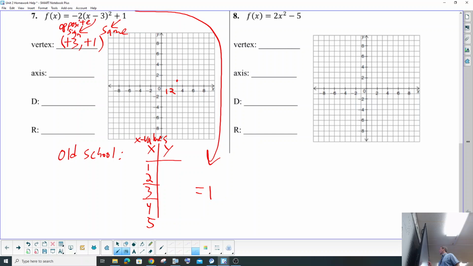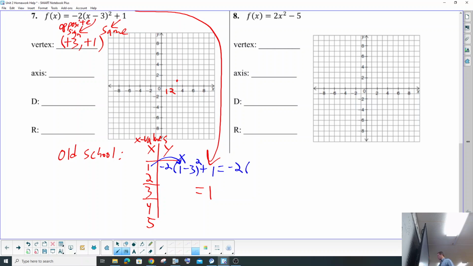So I'm going to take the whole equation: -2 times (blank minus 3) all squared, plus 1. What was the blank? The blank originally was the x. What's our x value? Our x value is 1. Let's work that out. 1 minus 3 is -2.